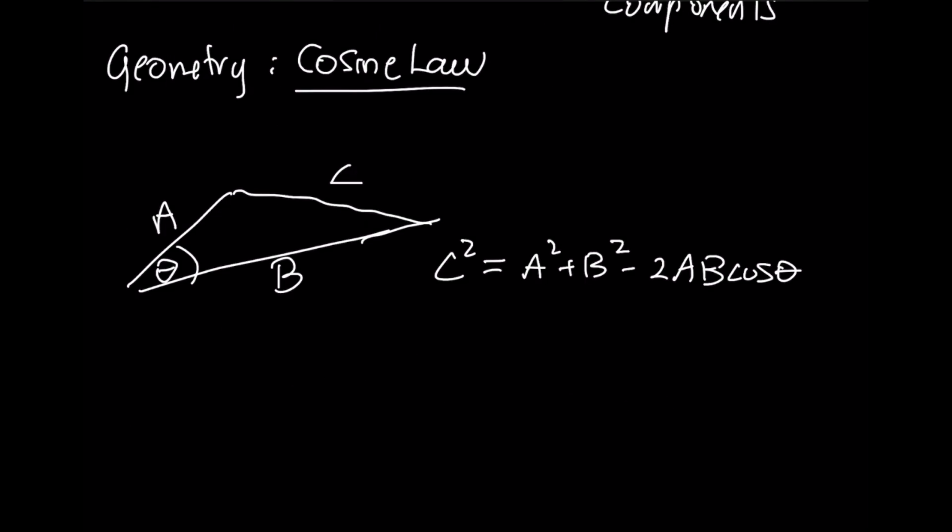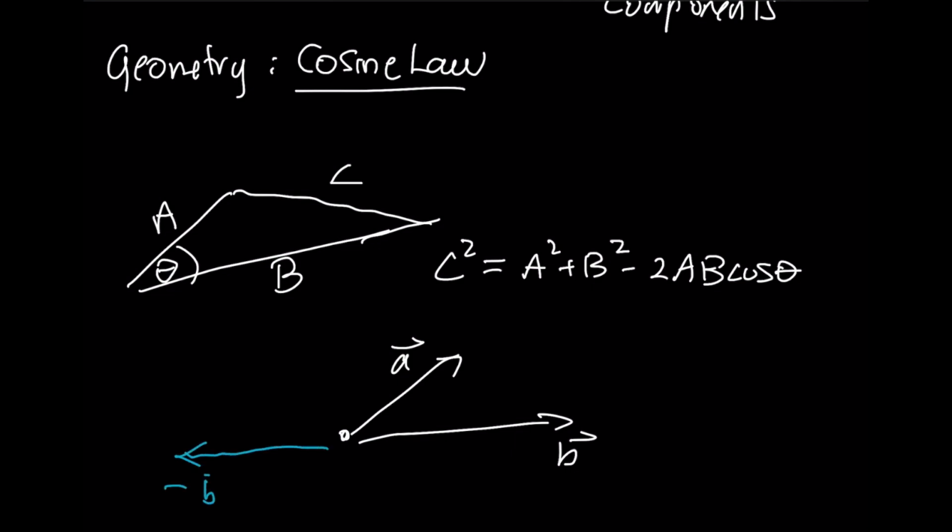We're going to translate this into a vector version. So if I have the vector A here and the vector B here, if you were to take the negative of a vector, it just flips its direction.